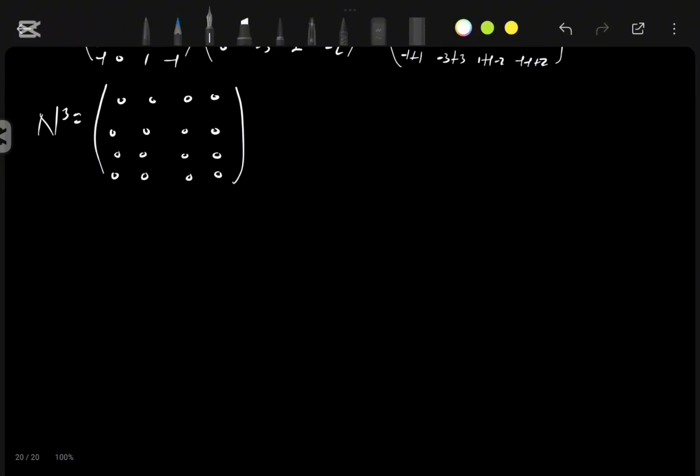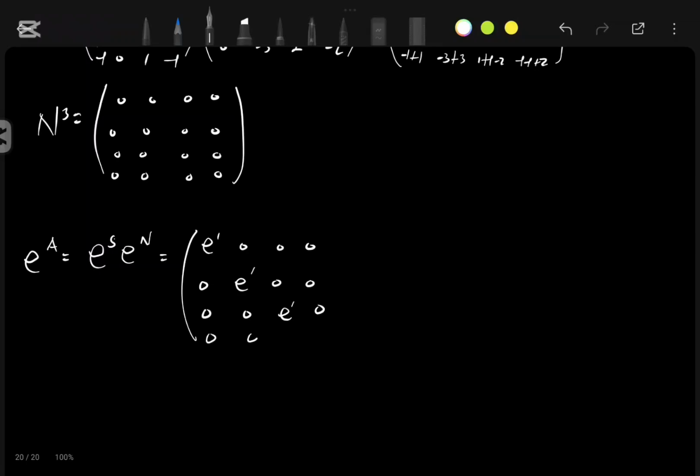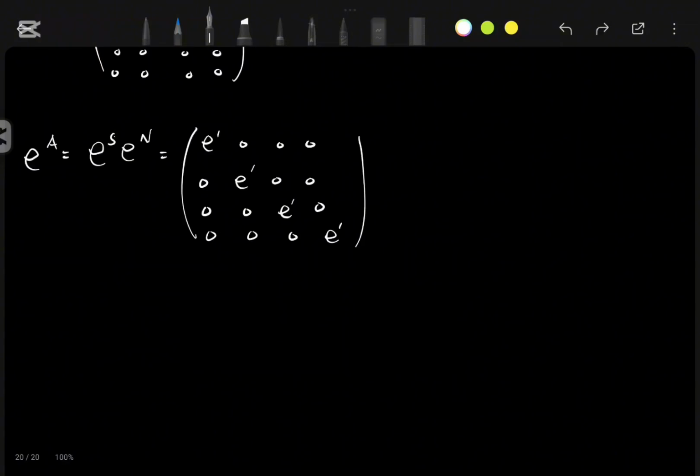So now we can write the exponential of a matrix, which is given by e to the power S times e to the power N. e to the power S is e to the power 1 on the diagonal, with zeros elsewhere, multiplied by e to the power N, where e to the power N is given by I plus N plus N squared over 2 factorial plus N cubed over 3 factorial.